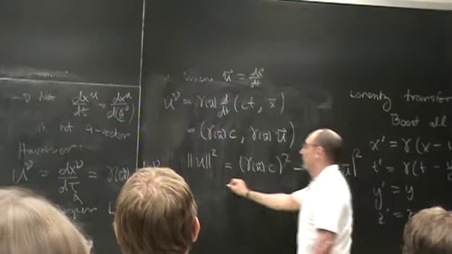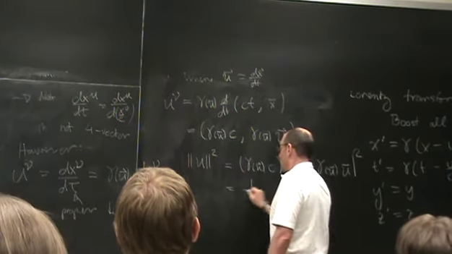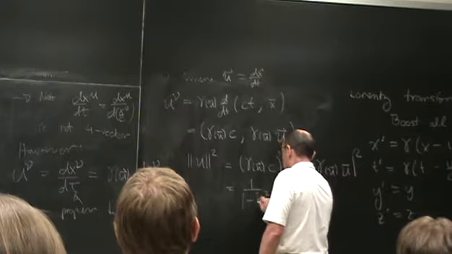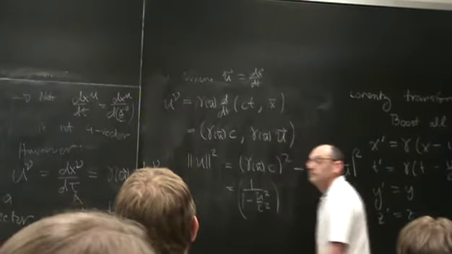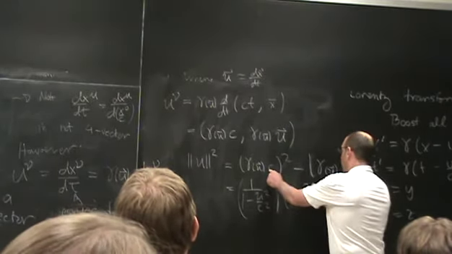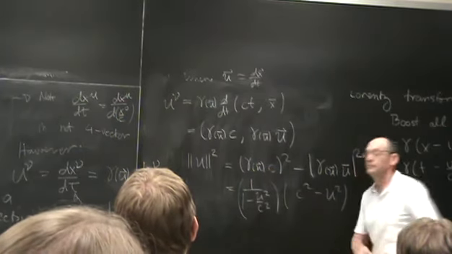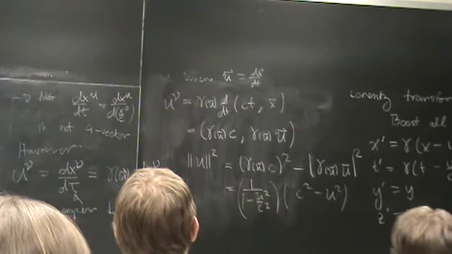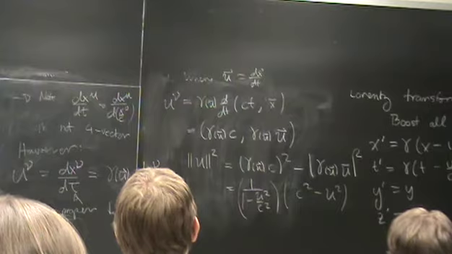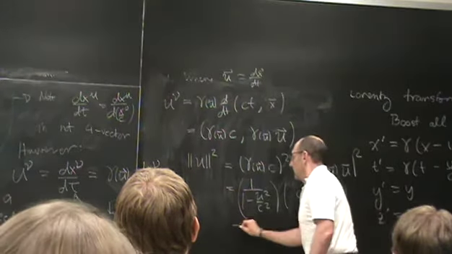But that's equal to gamma squared, which is 1 over (1 minus u squared over c squared), times c squared minus u squared, which is equal to c squared.